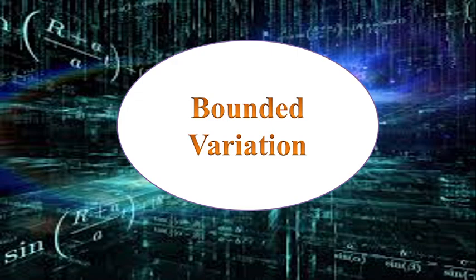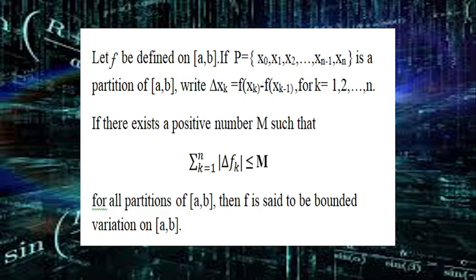What is its definition? Let f be defined on [a, b]. If P equal to x0, x1, x2, etc., xn is a partition of [a, b], we write delta fk is equal to f of xk minus f of xk minus 1 for k from 1 to n.